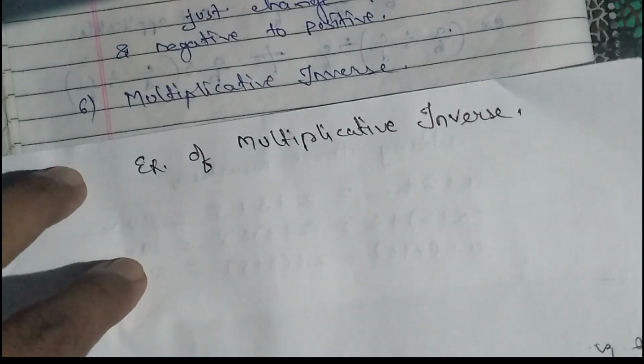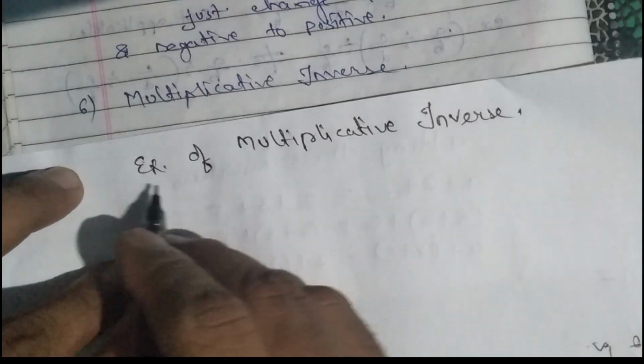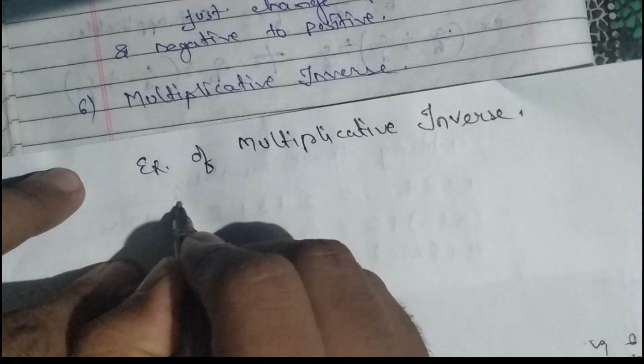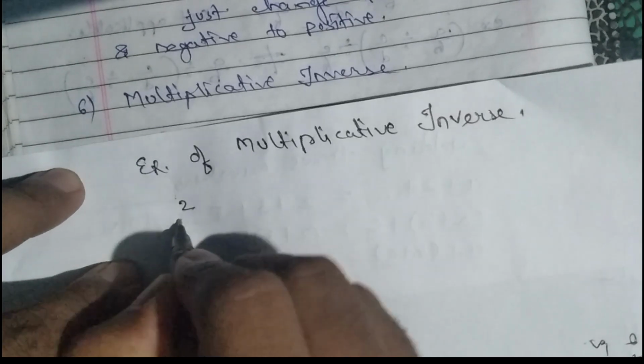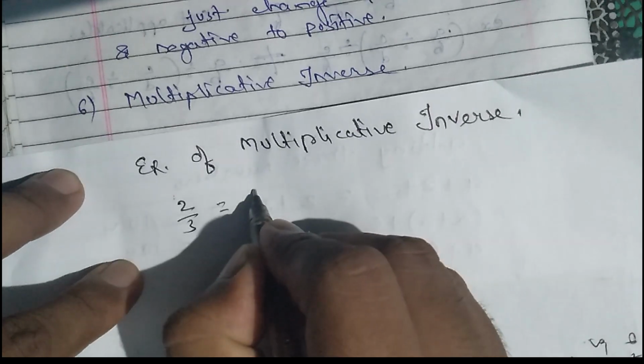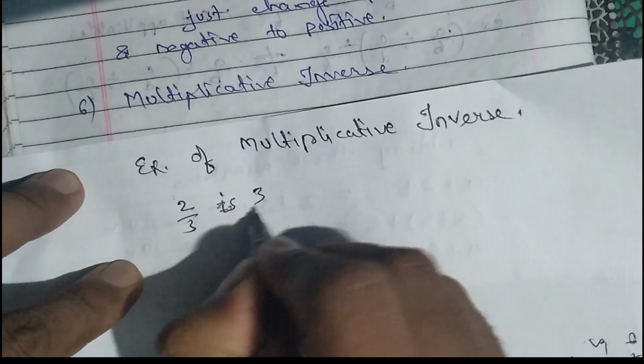Let's see some more examples of multiplicative inverse, or you can say reciprocal. What will be the reciprocal of 2 upon 3? It is 3 by 2.